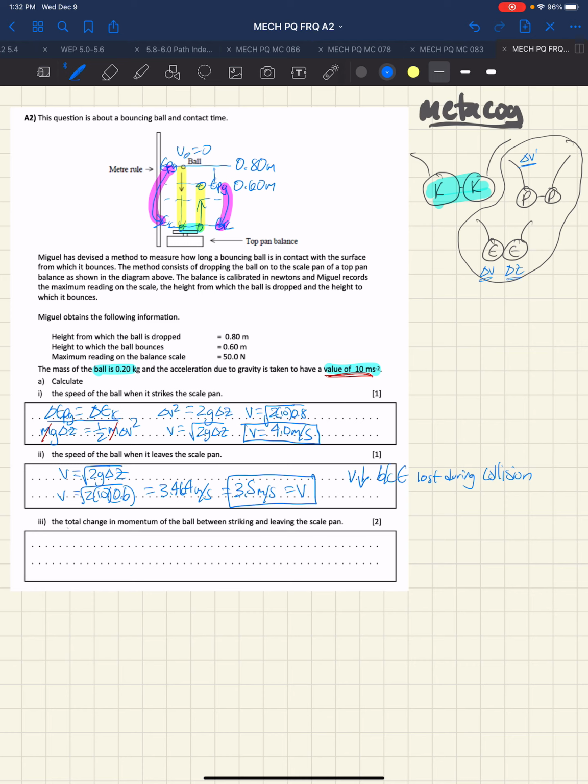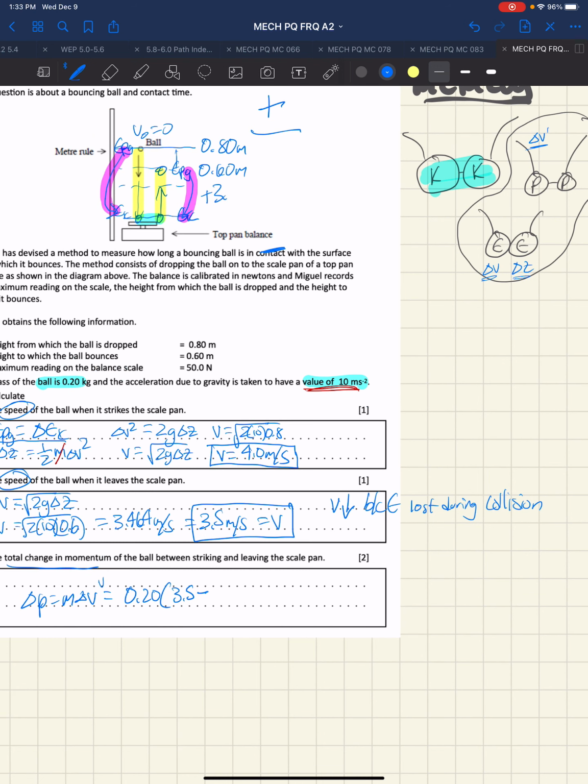And now we want the total change in momentum. Well, delta P is m delta V. And the mass is 0.20, which we're given above. And delta V, well, since we're now talking about V, velocity, and what we computed above were the speeds, so we make positive up and negative down. The final velocity is up, and so we have 3.5 minus the initial velocity.